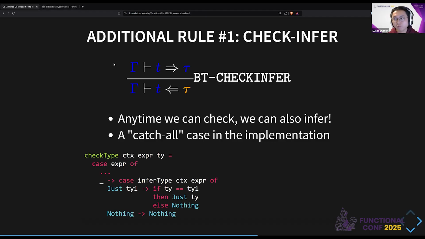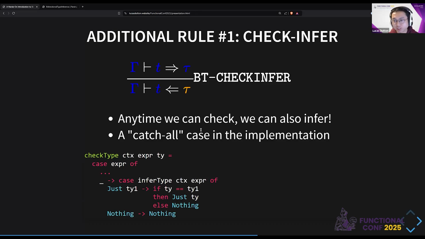So where we left off in the presentation is that we need to introduce 2 new extra rules in our bidirectional checking algorithm. The first rule we need is a way to switch from checking mode to infer mode. What this means is that every time we need to check an expression, we can also infer that expression.